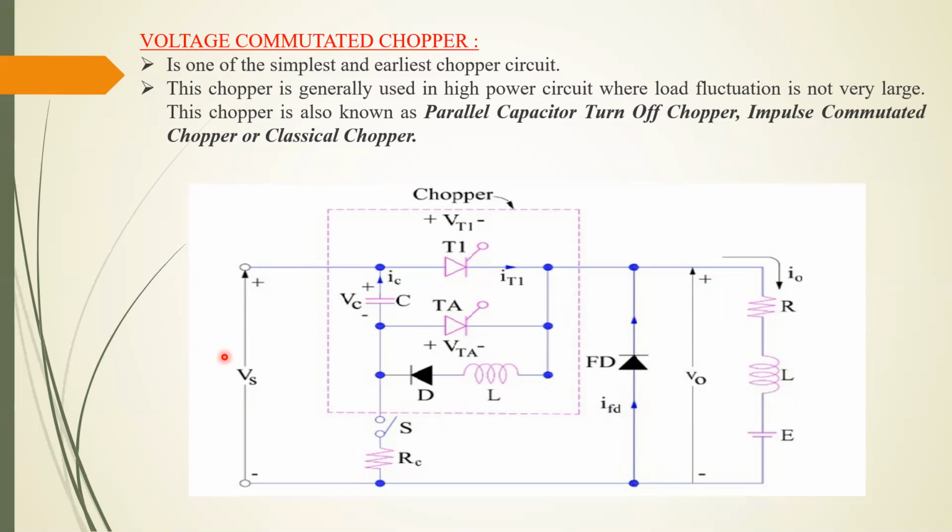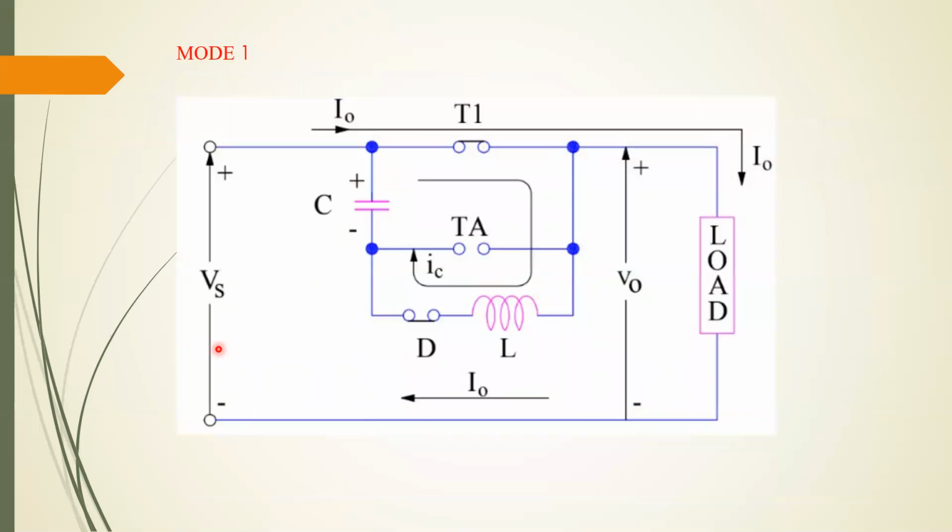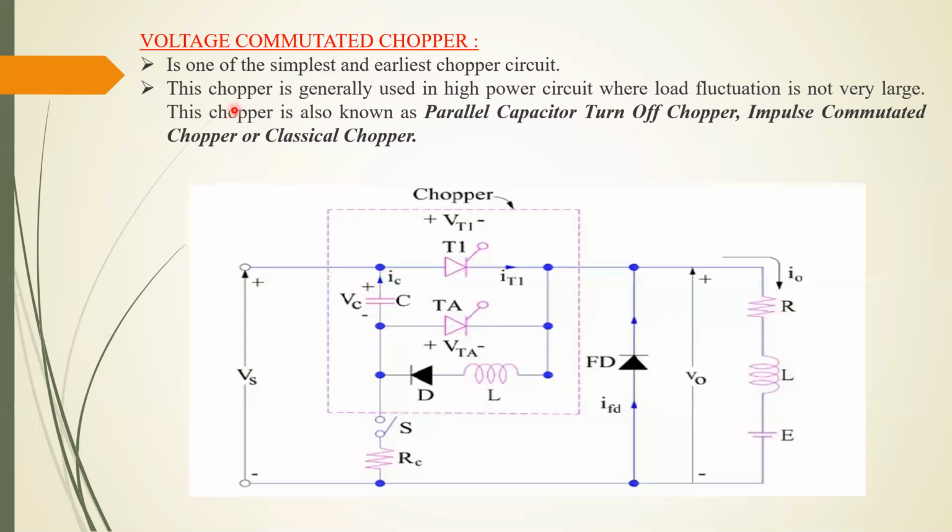I'll explain the operation of the voltage commutated chopper through modes. In mode 1, initially the voltage commutated chopper starts where the capacitor is fully charged.